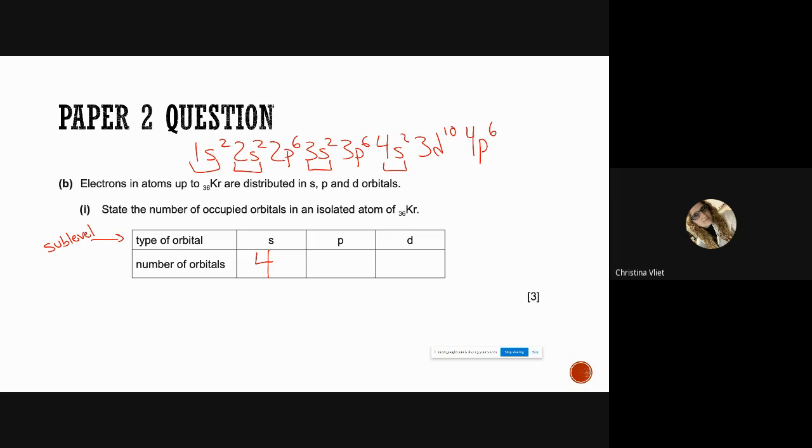But every time you have p, it comes in a set of 3 orbitals, right? Because each of those orbitals holds 2 electrons. So this is actually a set of 3 orbitals. This is a set of 3 orbitals. And this is a set of 3 orbitals, which means that the answer here is right. But you get it? Does it make sense with that explanation?